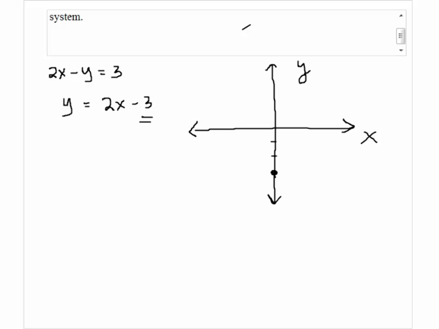So first we plot the y-intercept. And from that point, since the slope is 2, which will give us the rise of 2 and the run of 1, we go up by 2 and go over by 1 to get the next point.